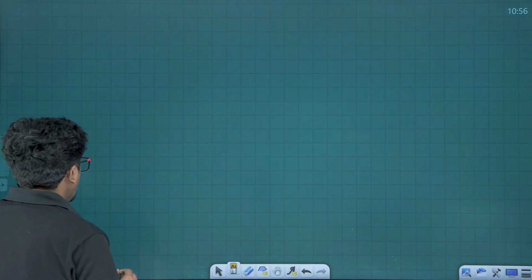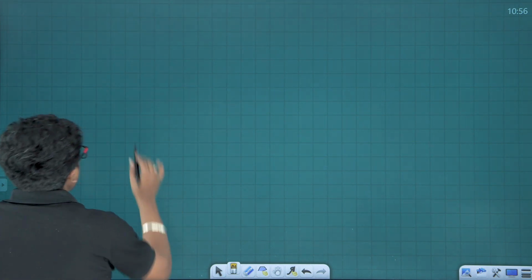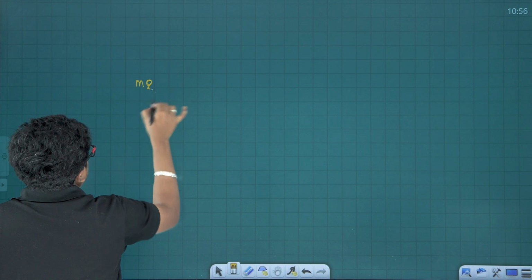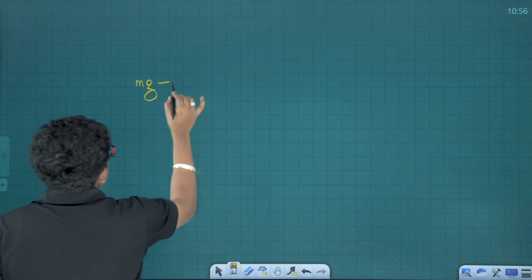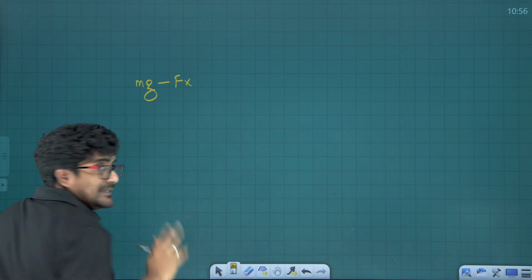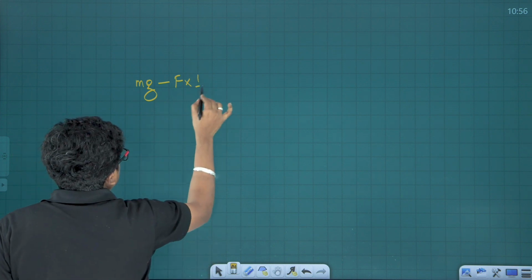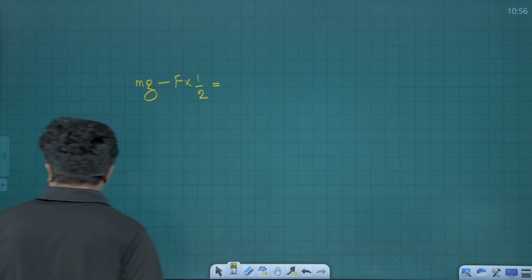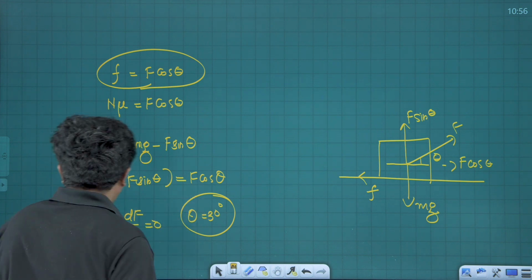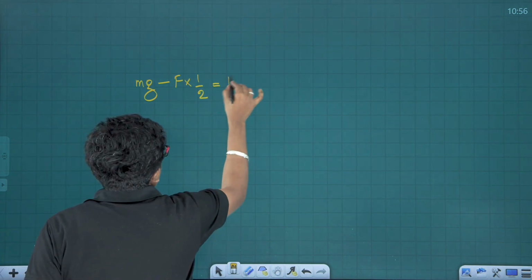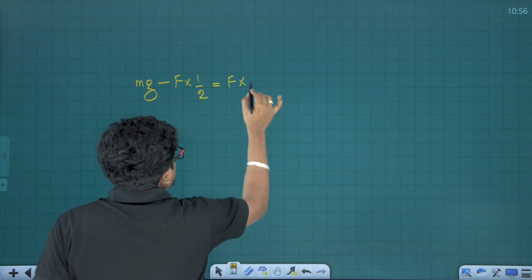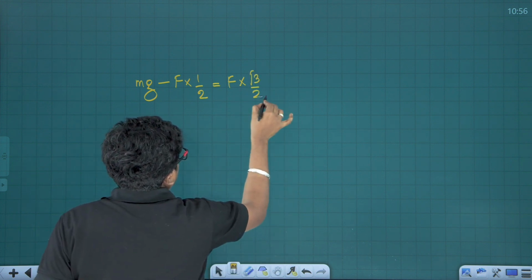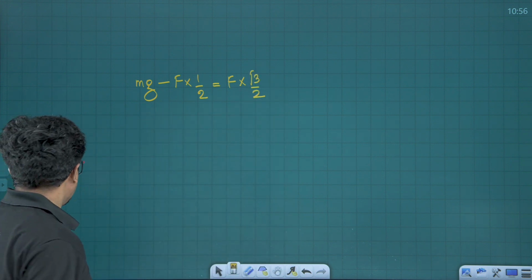Doing so, here you will get it as M into G minus F into sin theta. Sin theta is 1 by 2. That is equal to F into cos theta. Cos theta is root 3 by 2. We are going to get it like this, isn't it?